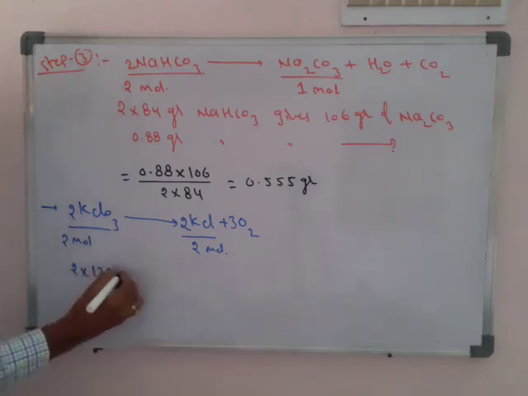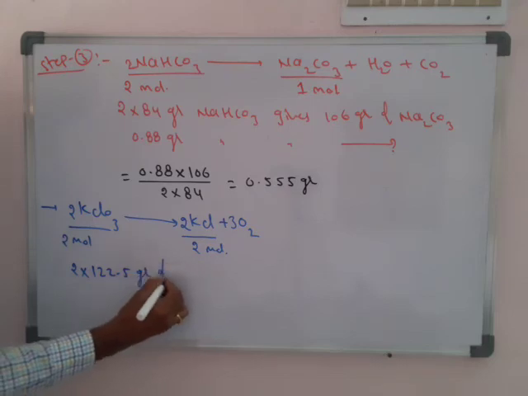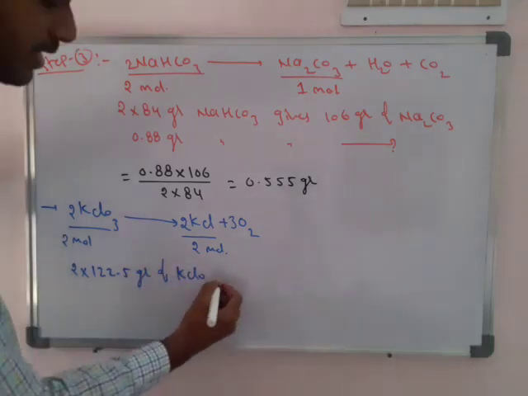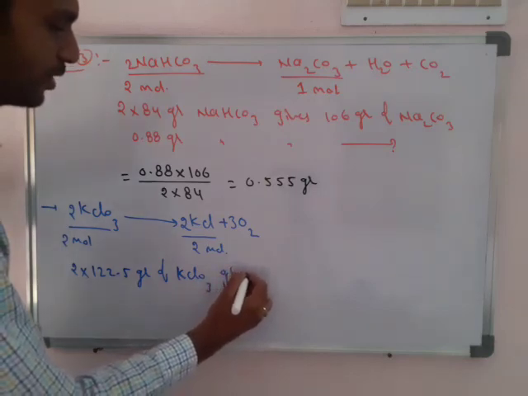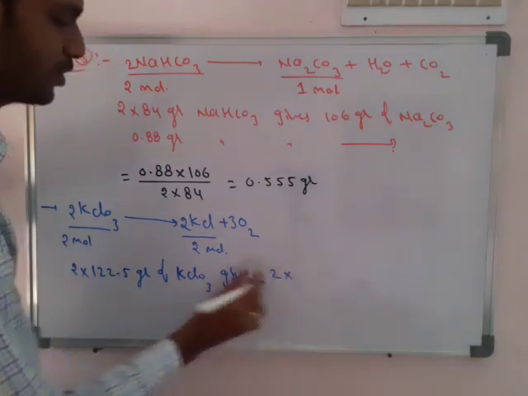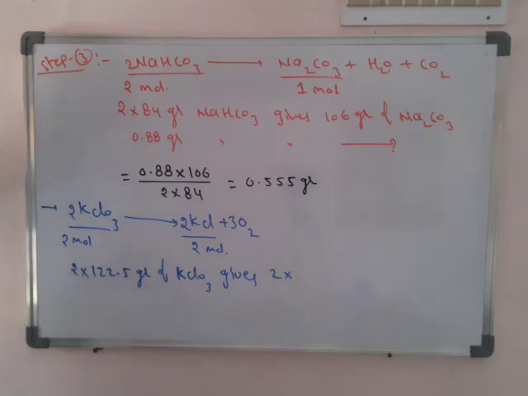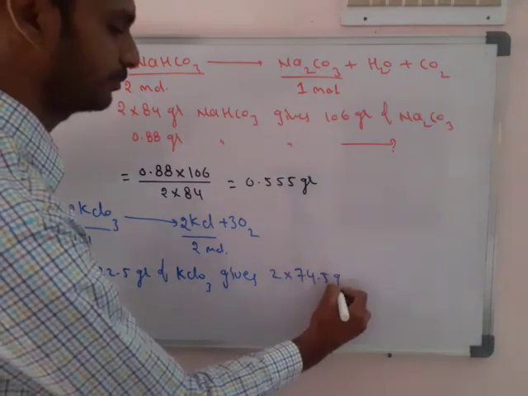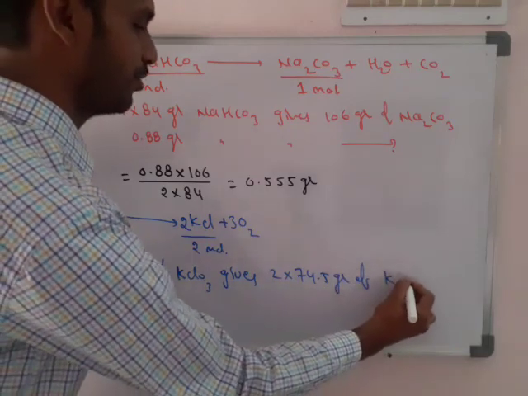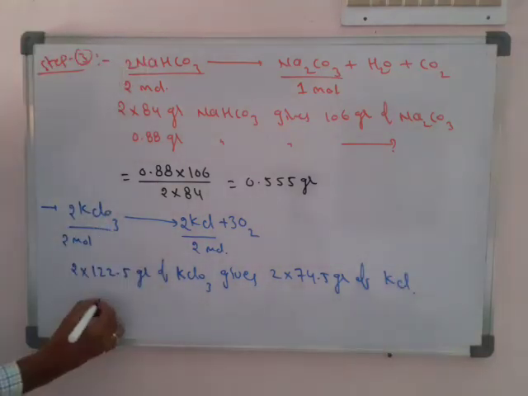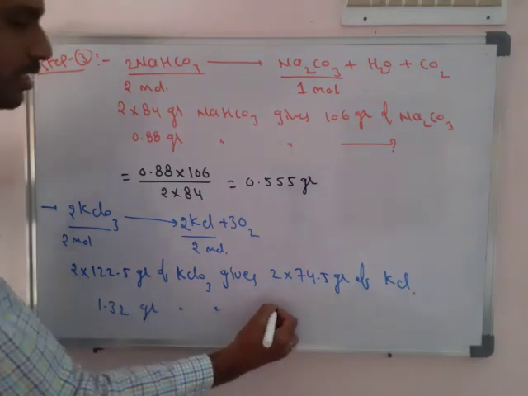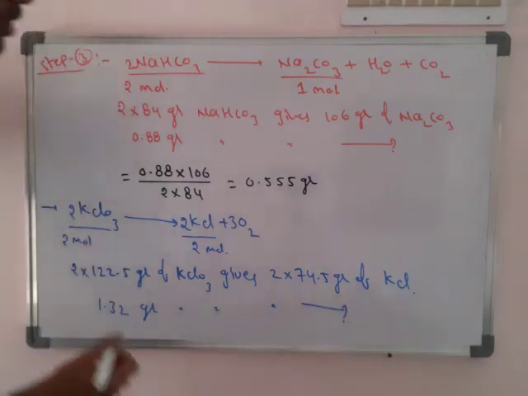So 2 into 122.5 gram of KClO3, when heated, gives the residue KCl: again 2 moles, 39 plus 35.5 is 74.5 gram. So here, 1.32 grams of KClO3 produces how much residue?